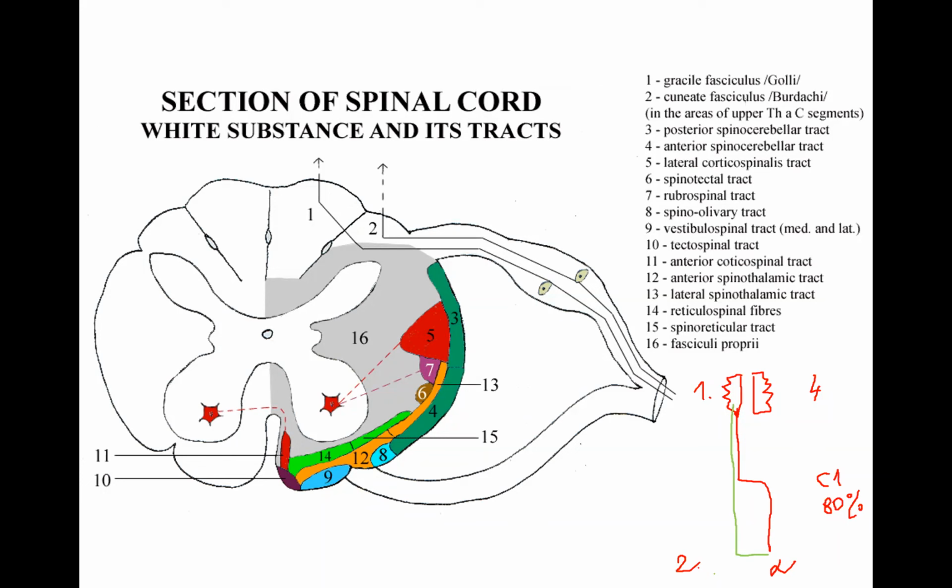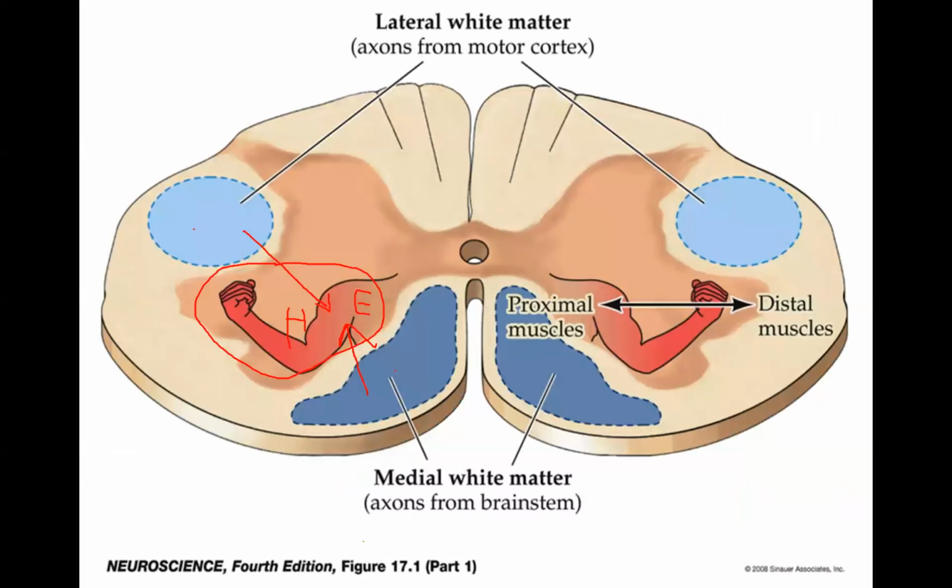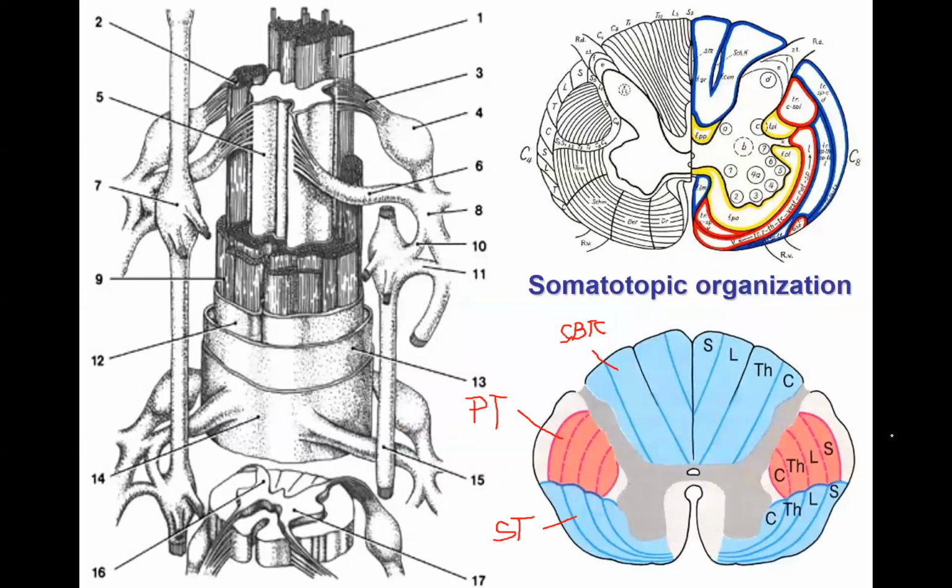So this is the pyramidal or corticospinal tract. So that means this one. Yeah, this is the lateral. And you can see that the fibers are also arranged somatotopically. That means cervical are most medial, sacral fibers are most lateral.